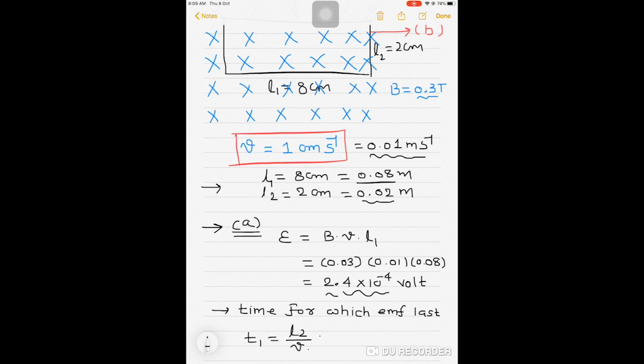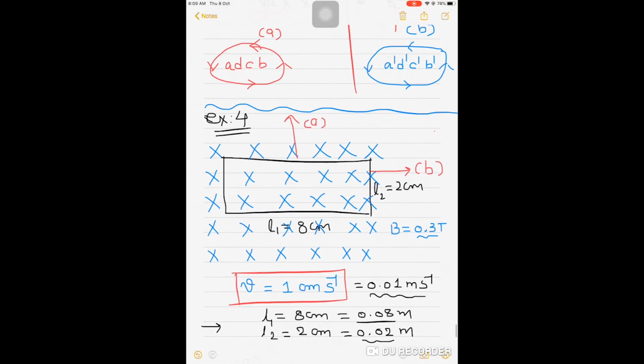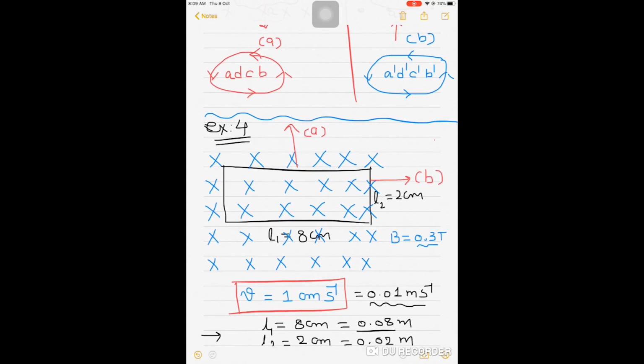So here the remaining length will be 0.02 upon 0.01, so it will last up to 2 seconds. Obviously it is clear that when this coil is moving in the upward direction, only 2 centimeter will remain in the magnetic field at any time, and therefore it will last only up to 2 seconds.